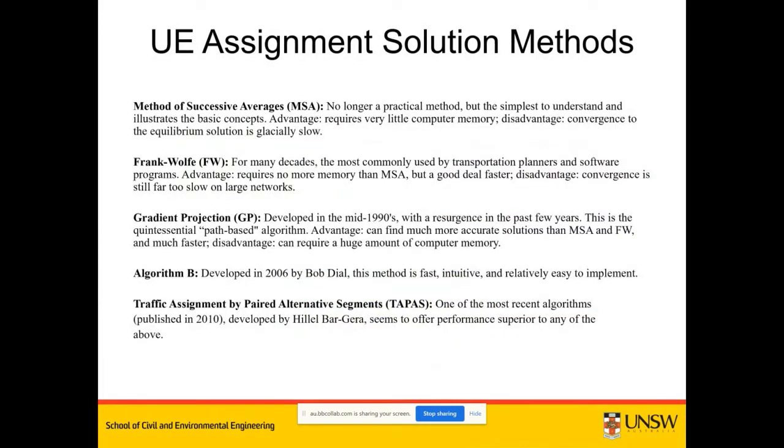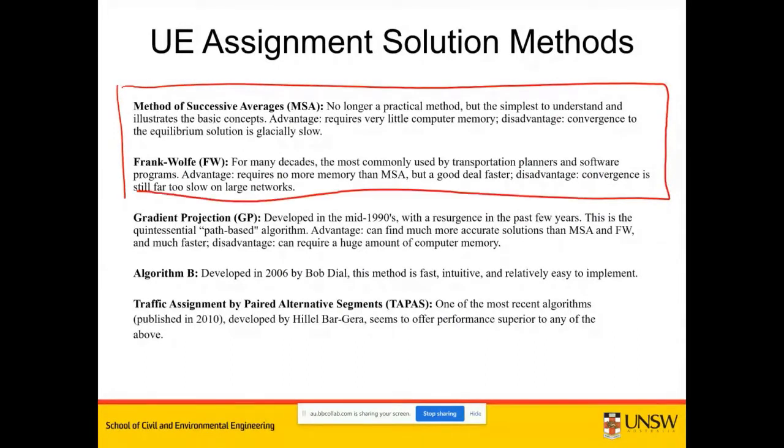So there are different methods of user equilibrium. In the first part of the lecture today, we're going to talk about 2 methods, which are the MSA method and the Frank-Wolfe method.